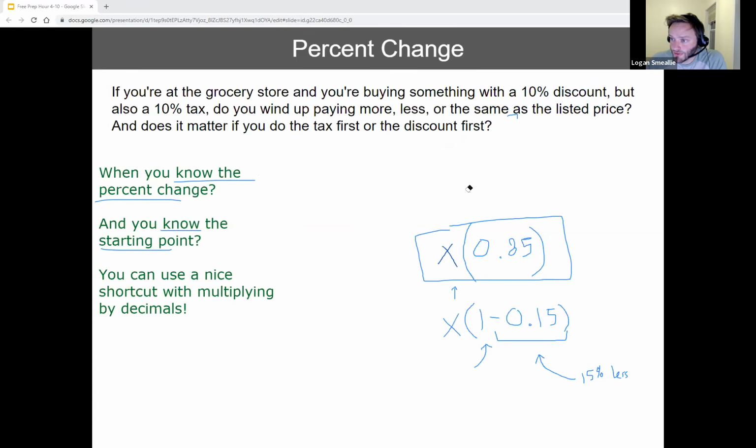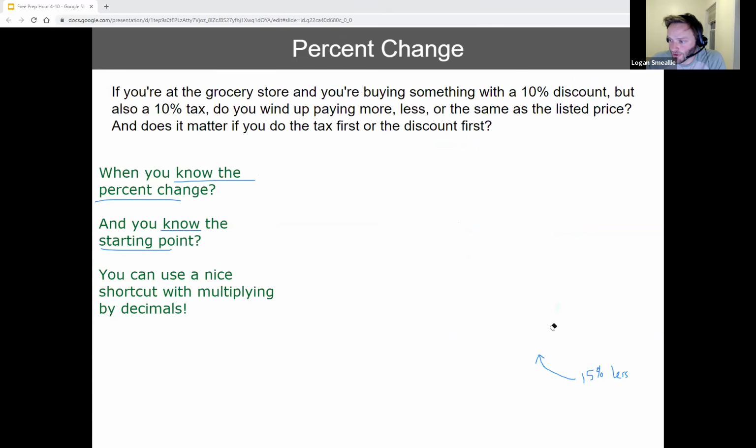Let's go back to this question, and we're going to find a slightly surprising answer here. I'm going to find my answer by starting by imagining a $100 grocery bill. And quick note, 100 is just a great number to try on percentages always.